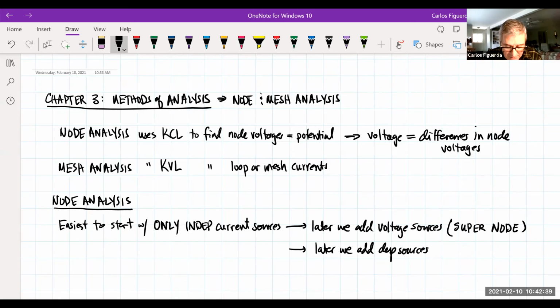So the way I'm going to do this is that I'm going to start with node analysis. I'm going to do independent current sources. And after I do independent current sources, we're then going to move to node analysis with voltage sources. And then I'm going to go to mesh analysis and start the same process. And then at the very end, I'm going to add dependent sources, because the dependent sources, once we're there, you'll see really add a lot of flavor to the circuits.